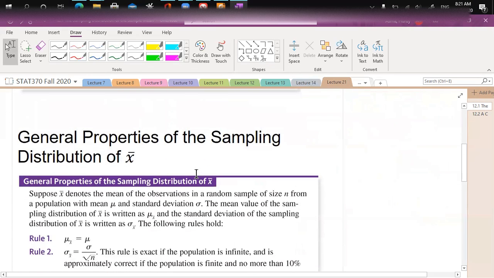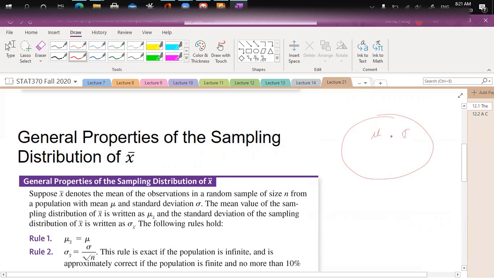Now, the general properties of the sampling distribution of x bar are as follows. Suppose x bar denotes the mean of the observations in a random sample of size n from a population with mean mu and standard deviation sigma. So let's say this is our population, and the population has mean mu and standard deviation sigma.